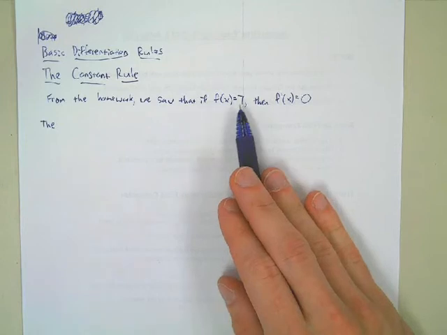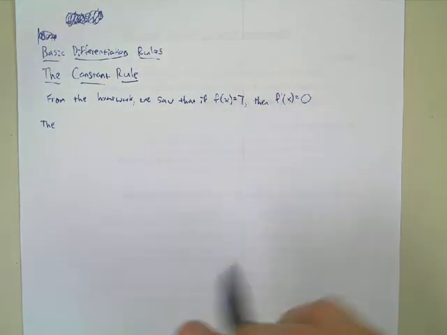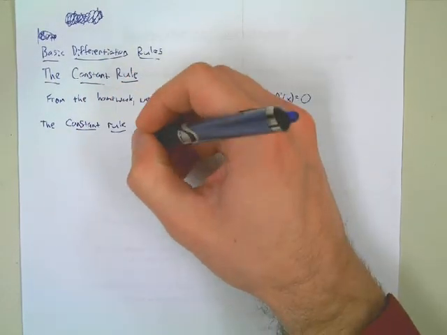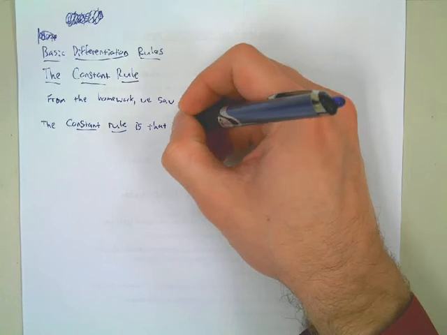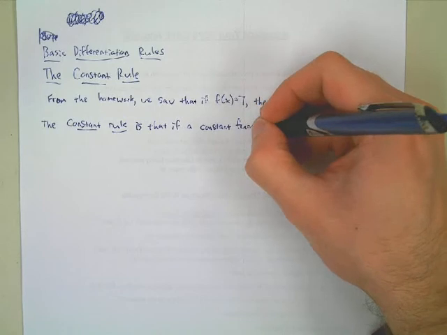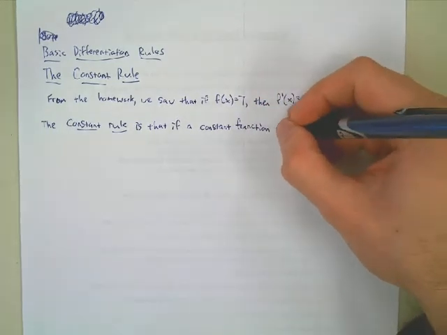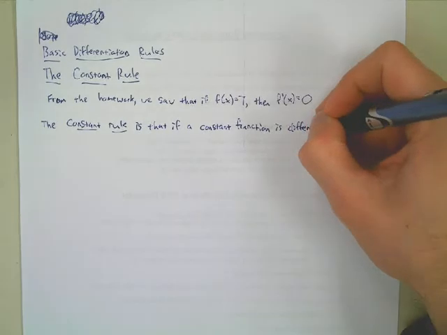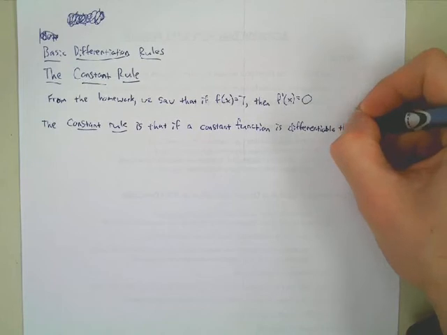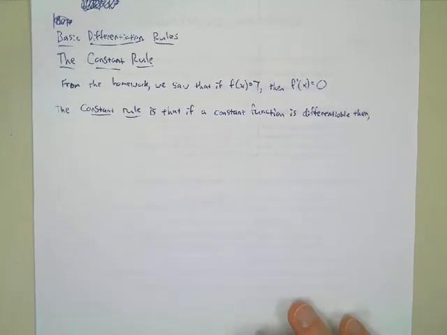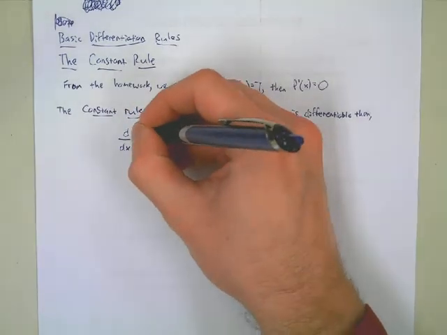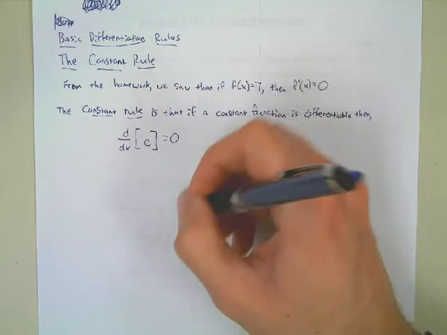If our function is just a number, the constant rule is that if a constant function is differentiable, then the derivative with respect to x of c equals 0, where c is a real number.